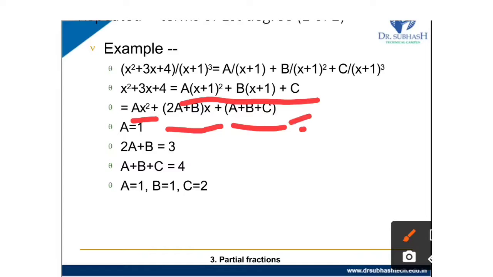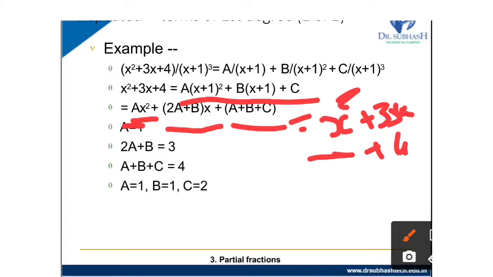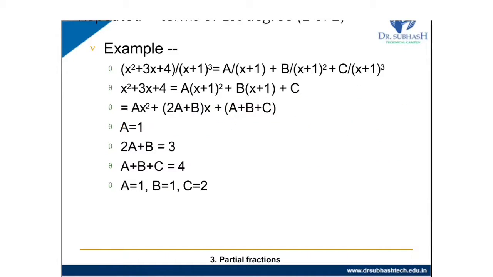So the other side is x square plus 3x plus 4. Here a is multiplied with the x square, and here 1 is multiplied with the x square. So now we can write it as it is: a equal to 1.